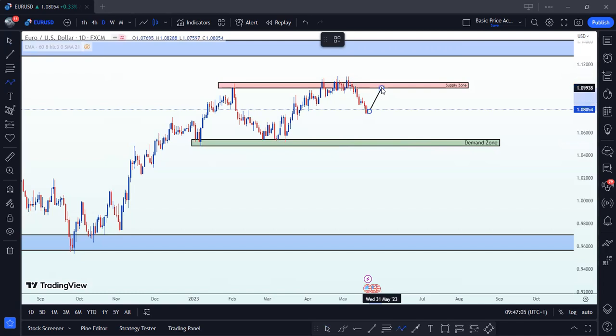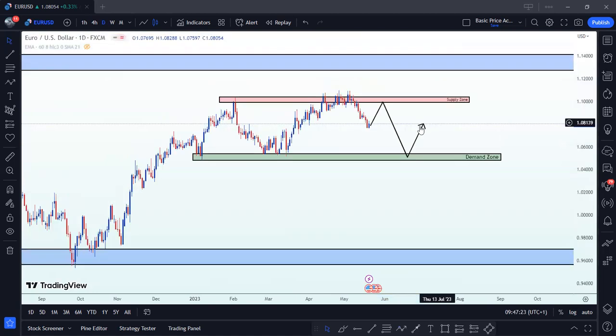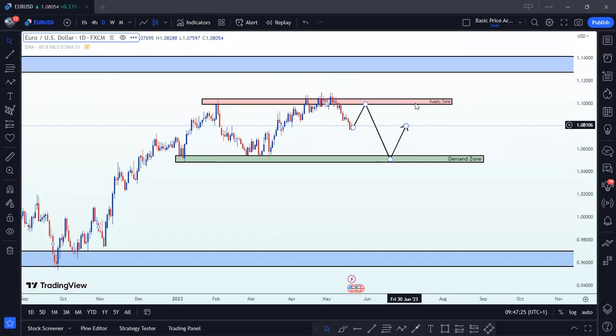But our main area of interest is to see what the market does when it gets to this demand zone. From this demand zone, we'd like to see if it will bounce and go up. Now, if it bounces and goes up, we would like to know how far it's going to go. Would it stop at this supply zone or would it break it?